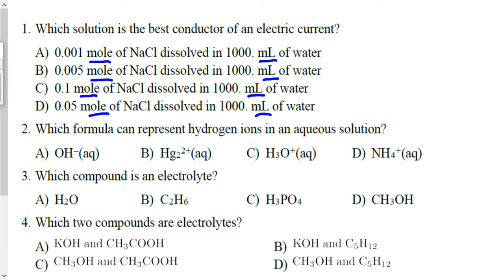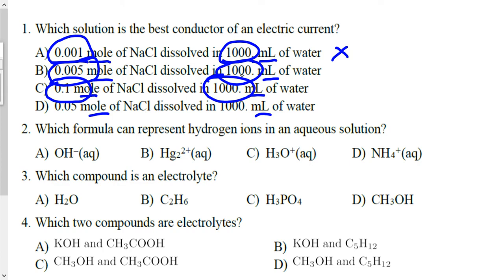The first one, you have 0.01 mole in 1000 milliliters of water. The second option, you have 0.005 mole in 1000 milliliters of water. So right away, I can cross out option A because I have less mole in 1000 milliliters of water. If I consider B and C, for option C, I have 0.1 mole in 1000 milliliters of water.